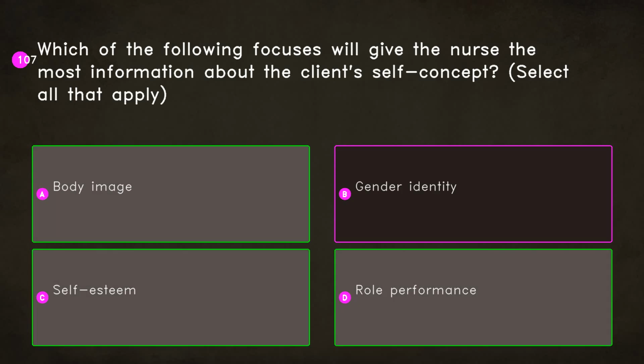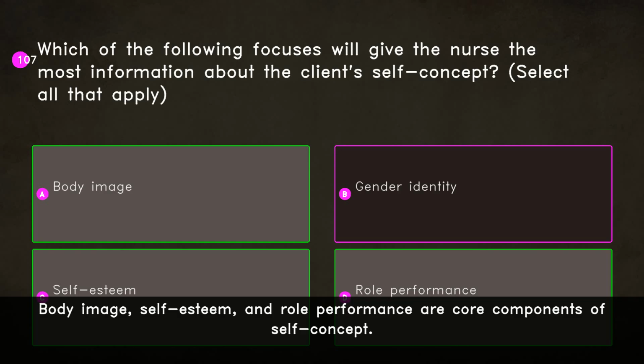The correct answer is body image and self-esteem and role performance. Body image, self-esteem, and role performance are core components of self-concept.